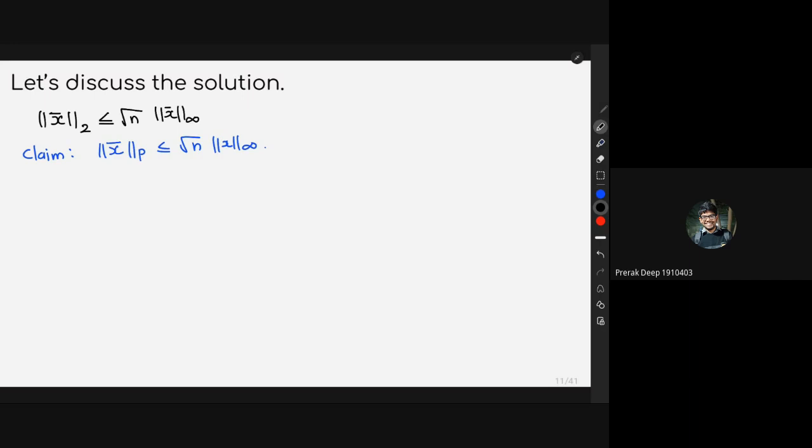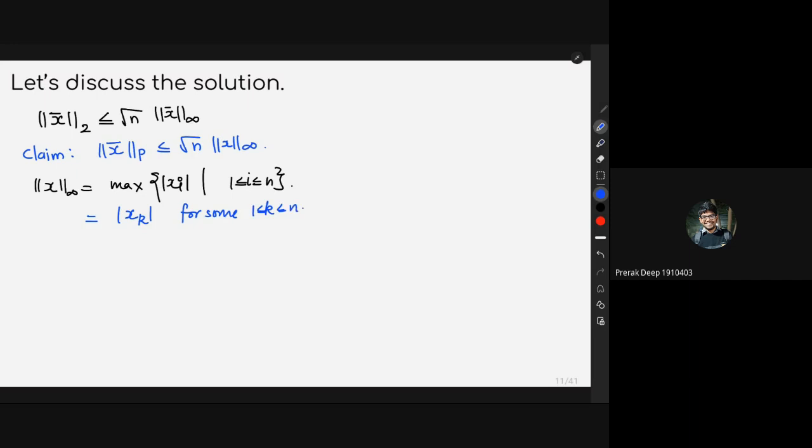Let me just rewrite the definition of the supremum norm. Since it is just the maximum of finitely many quantities, one of the quantities must attain that maximum. So let's say k is the one, for some k between 1 and n.